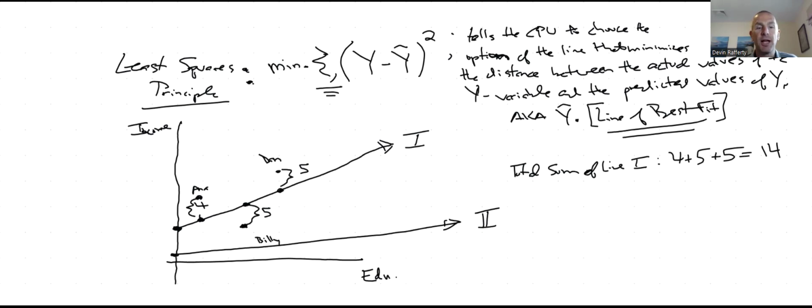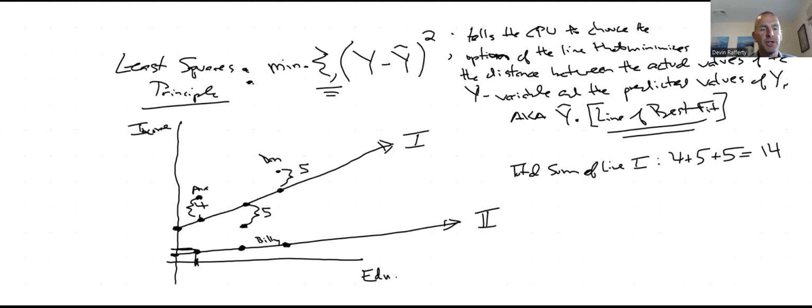Now let's see what happens for line 2. Line 2 has a predicted value for Dan, a predicted value for Billy, and a predicted value for Anna. Based upon this much education, line 2 thinks that Anna should be making this much money.